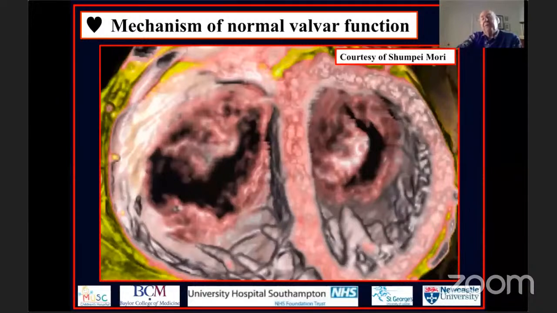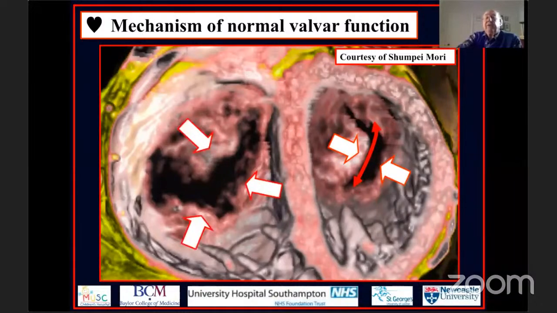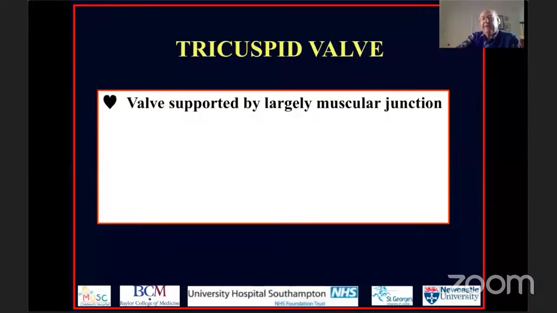And this is one of Shumpei's beautiful depictions of the atrioventricular junctions as seen from the apex of the ventricles. And in Shumpei's picture, again, very nicely, you see the mitral valve that will close in bifoliate fashion, the tricuspid valve that will close in trifoliate fashion when the valve is normal. And that is the key to understanding.